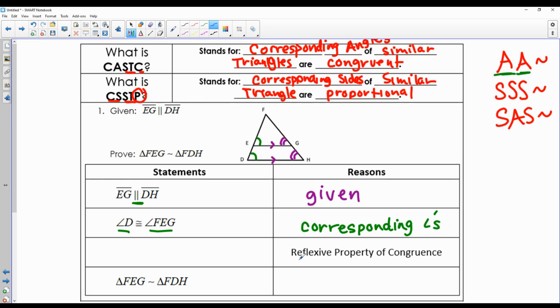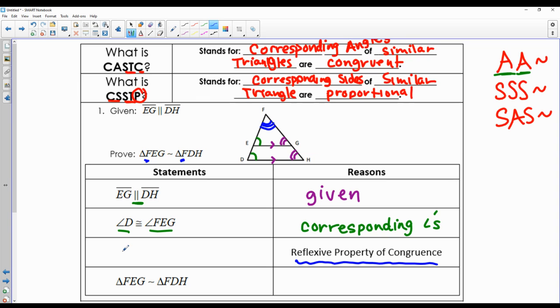Notice right here, the reason that they say is the reflexive property of congruence. So let's look at this angle F right here. Notice angle F is going to be congruent to itself, and angle F is in both of these triangles. So we've got an F in both of these triangles. So that's the one that they're going to want to use.